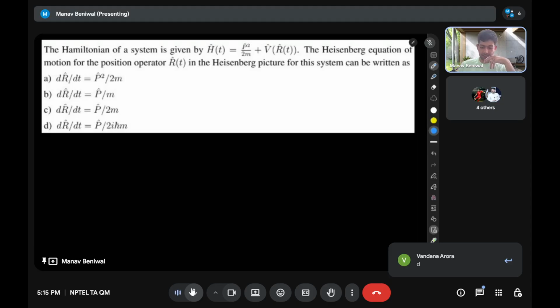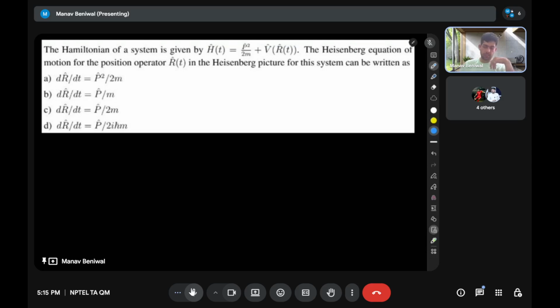I have to check. I think it's B, but we'll check. Anyway, before coming to the answer, classically we know that dx by dt is just velocity, so it is just p by m, where p is our momentum.